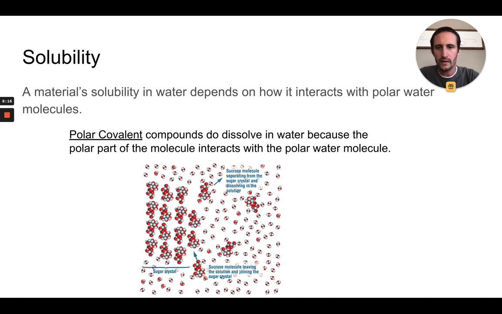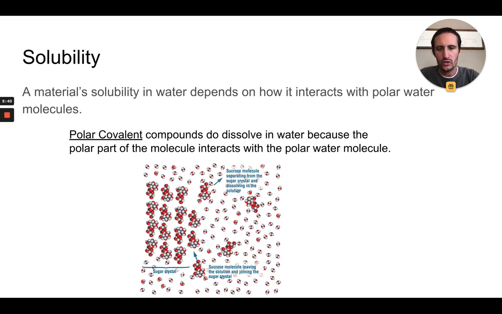Polar covalent compounds do dissolve in water because the polar part of the molecule interacts with polar water. Something like sugar is a polar compound, and it does dissolve in water. It gets surrounded by water molecules, which pull apart the sugar molecules.